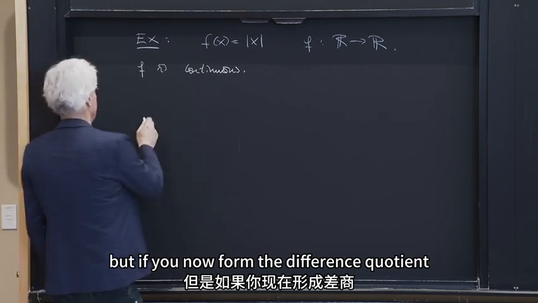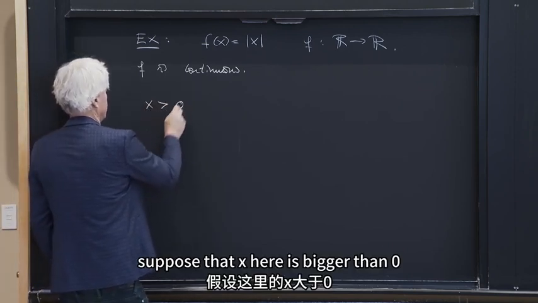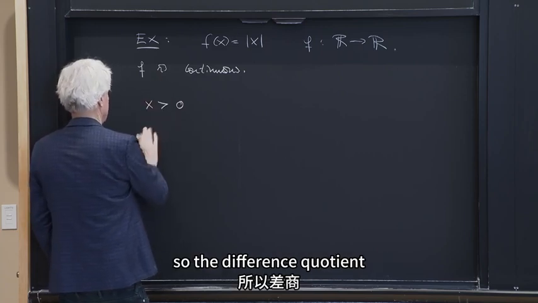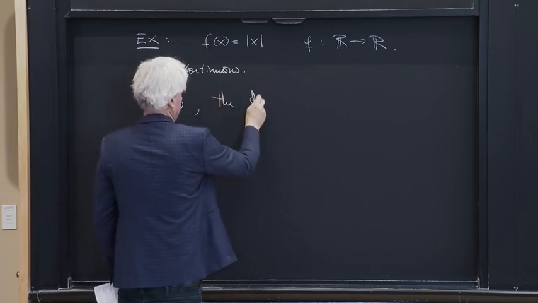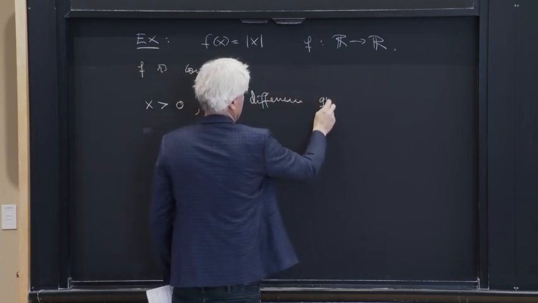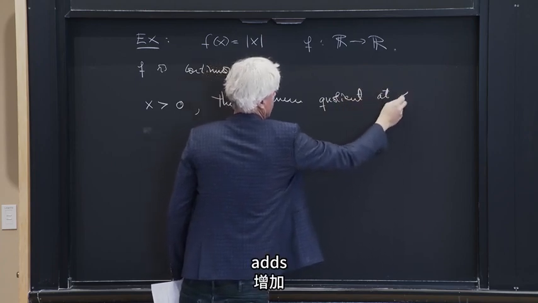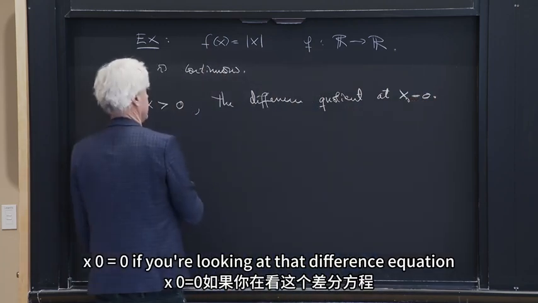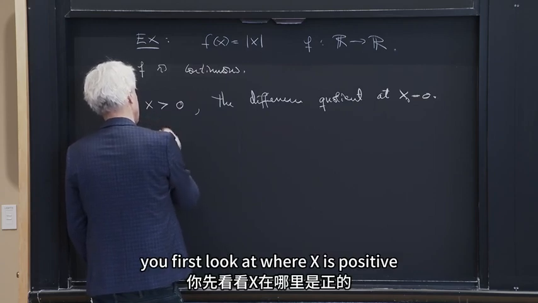But if you now form the difference quotient, right? Suppose that x here is bigger than 0. And now look at the difference quotient at x0 equal to 0, and you first look at where x is positive.